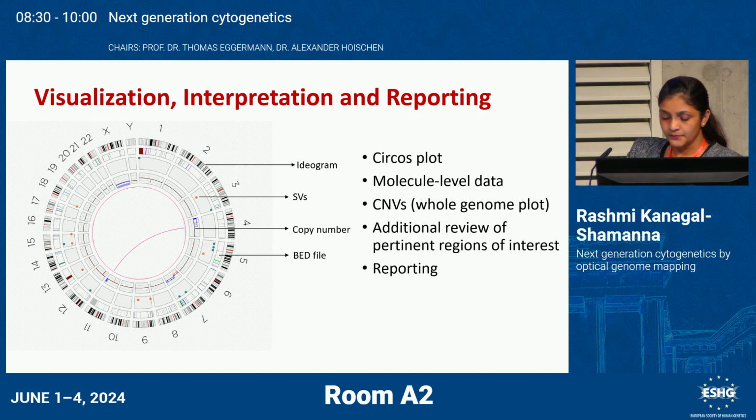As you see here, we have the ideogram as the outer rim, and the dots that you see here are the structural variants. We also have a copy number track. Depending on the application, we can insert different bed files to highlight those clinically pertinent abnormalities.